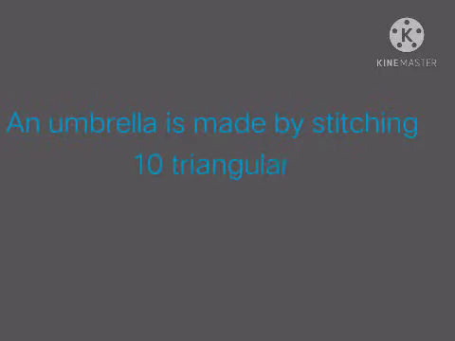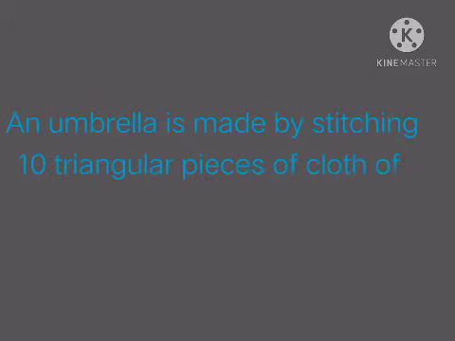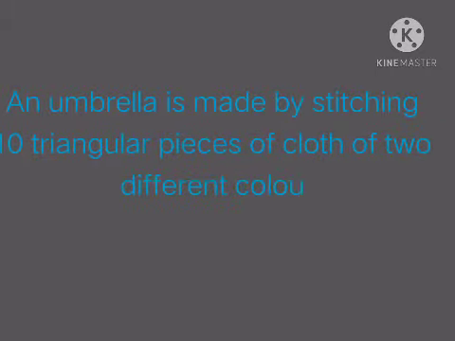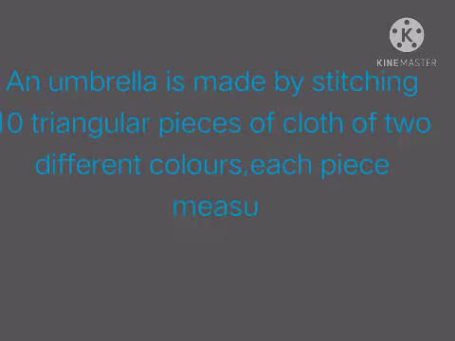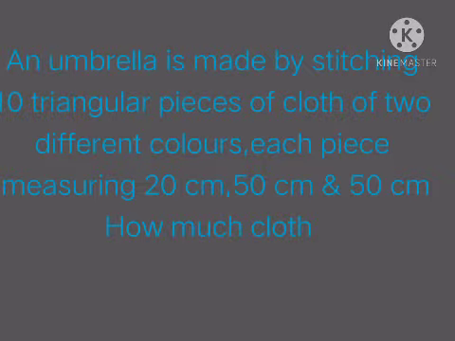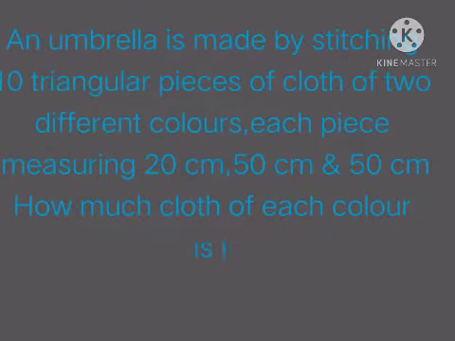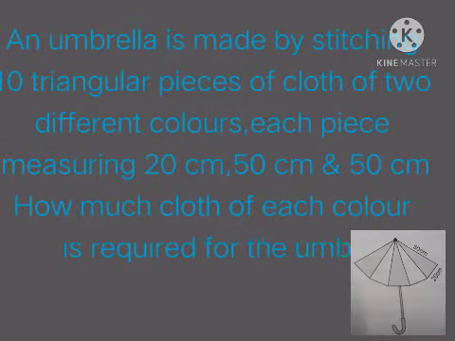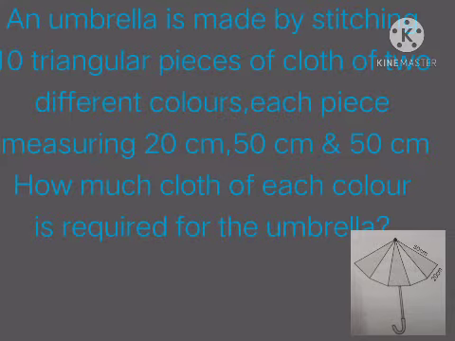An umbrella is made by stitching 10 triangular pieces of cloth of two different colors, each piece measuring 20 cm, 50 cm and 50 cm. How much cloth of each color is required for the umbrella? From the figure itself, we know that all the 10 pieces are equal in measures.